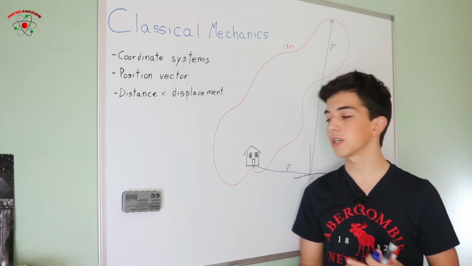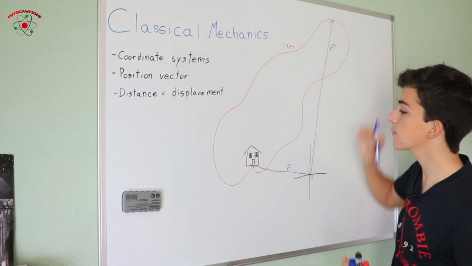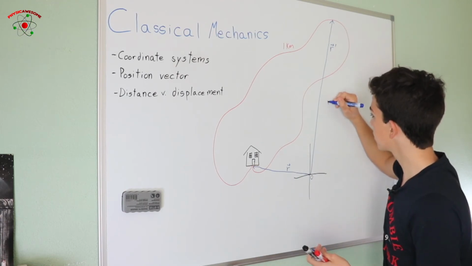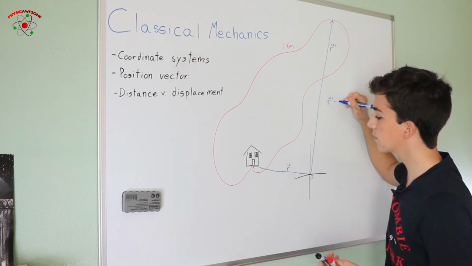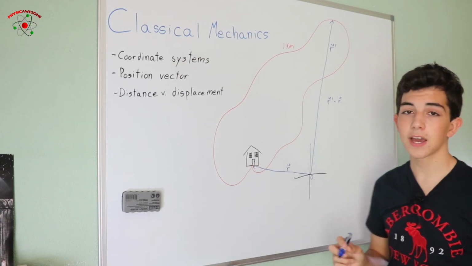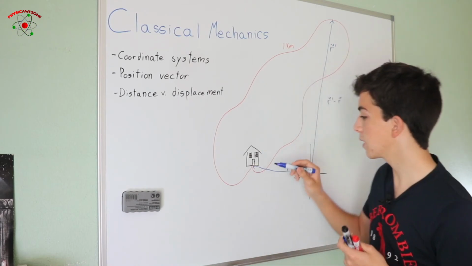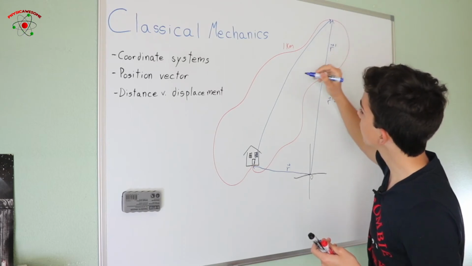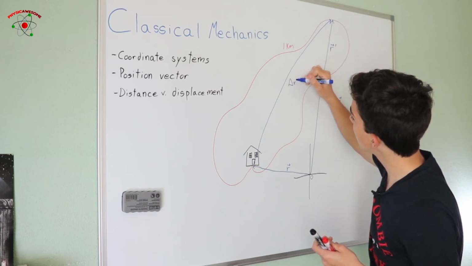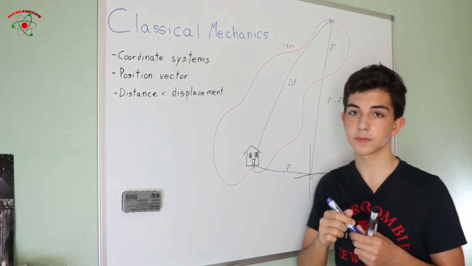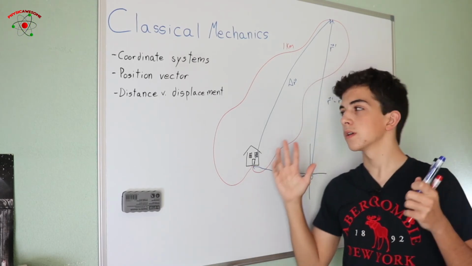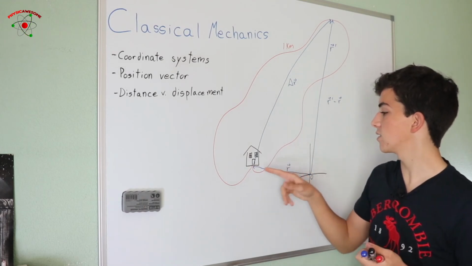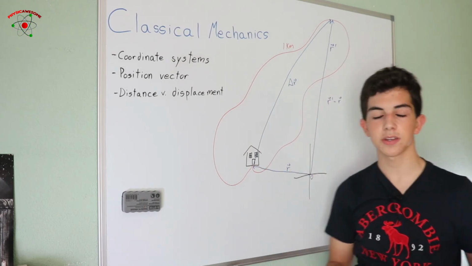If we want to know the displacement in this time, we need to subtract these vectors. R prime minus R. And our displacement would be this vector, and it will be called delta R. So this displacement isn't the same as the distance, as this distance is completely different.